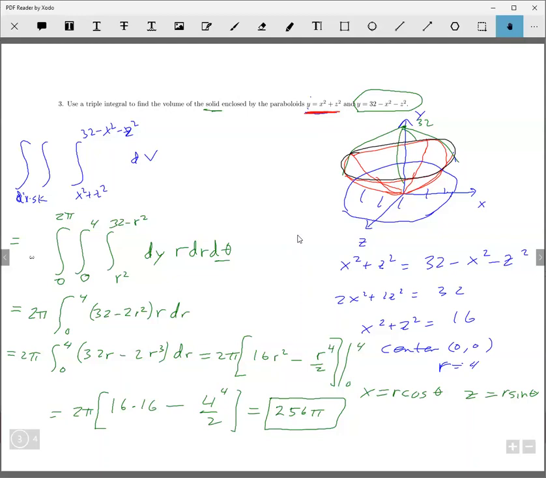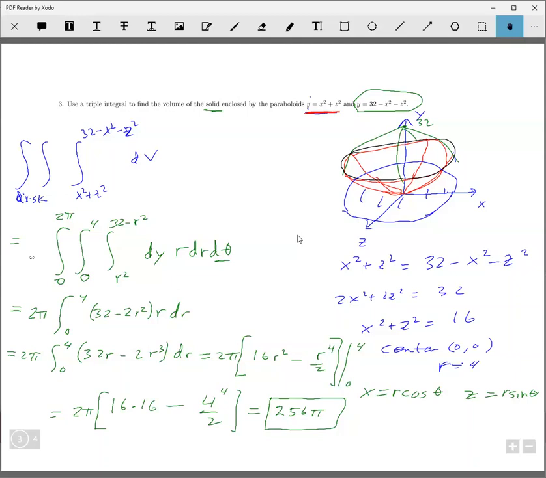And then section 15.8 is spherical coordinates. I'll explain those later, when we get to it. And then 15.9 is just change of variables in general.